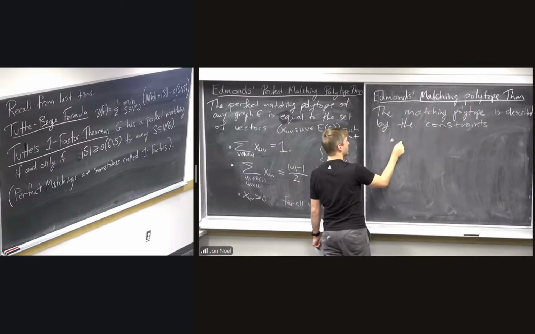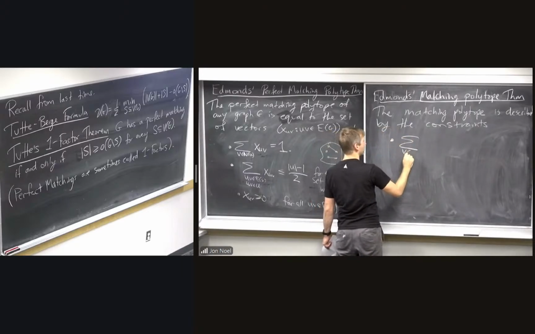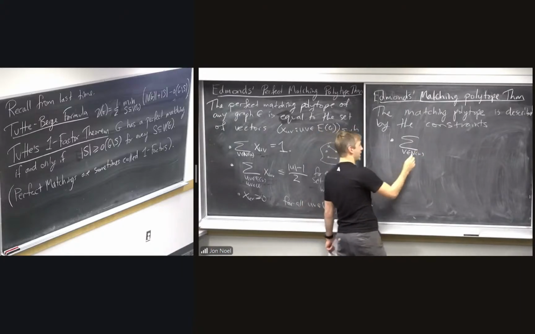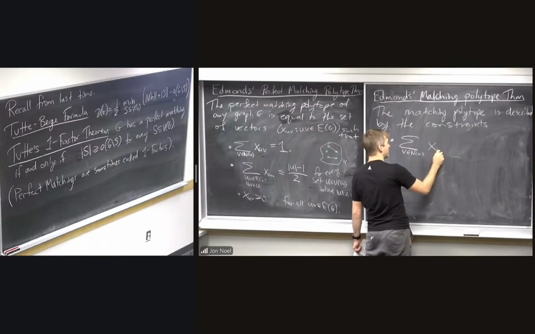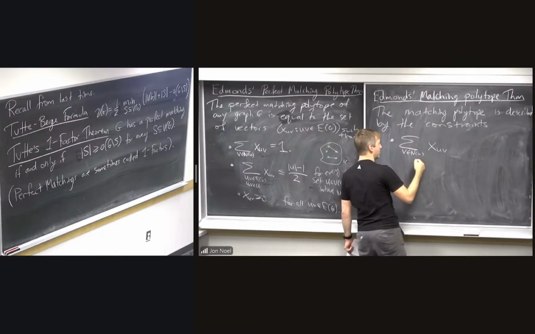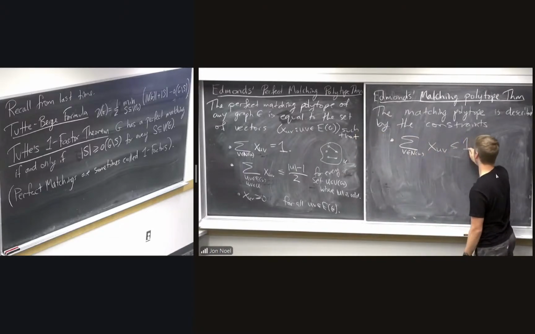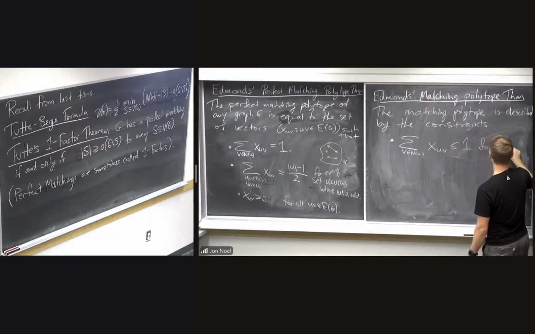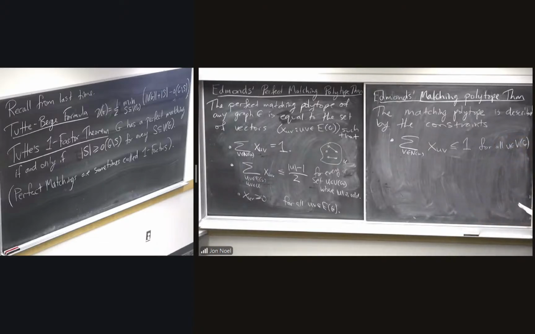So we've got the same one as usual. If I pick a vertex, the sum over all the neighbors of x of the variable x_uv should be at most 1 for all vertices.